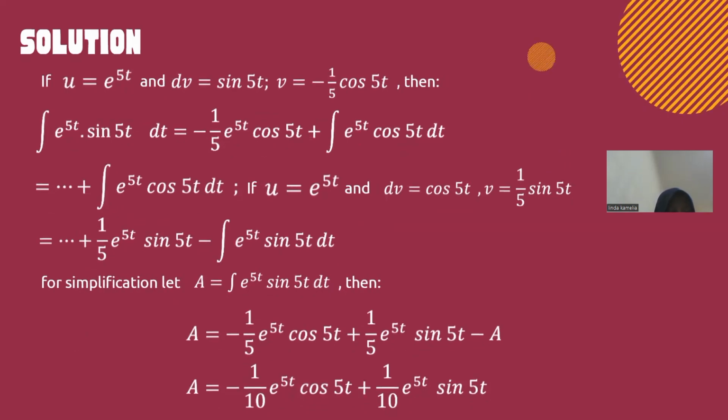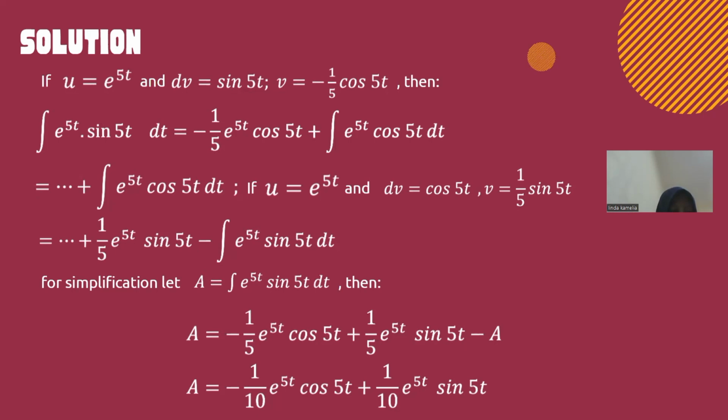If u equals e power 5t and dv equals sin 5t, so we get v equals minus 1 over 5 cos 5t. Then the integral of e power 5t sin 5t dt equals negative 1 over 5 e power 5t cos 5t plus the integral of e power 5t cos 5t dt.